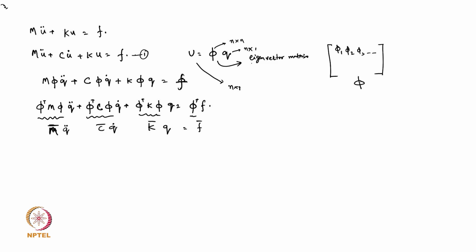It is also a force form, but it is in the new coordinate system, which is Q. Previously we were at U, now we are at Q. So F bar is the forces on the Q coordinate, not on the U coordinate, because you are changing everything from U to Q. And you are anticipating that your K bar matrix is a diagonal matrix, and your M bar matrix is also a diagonal matrix.